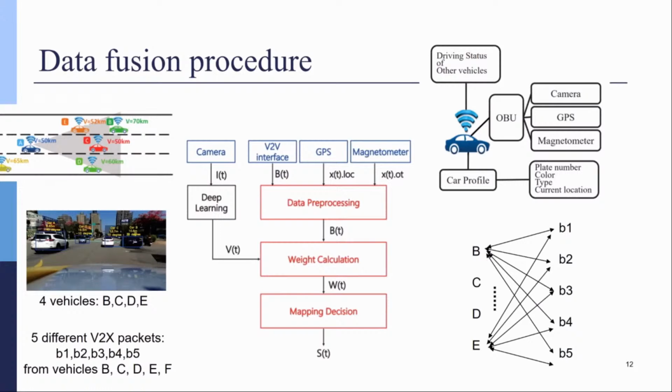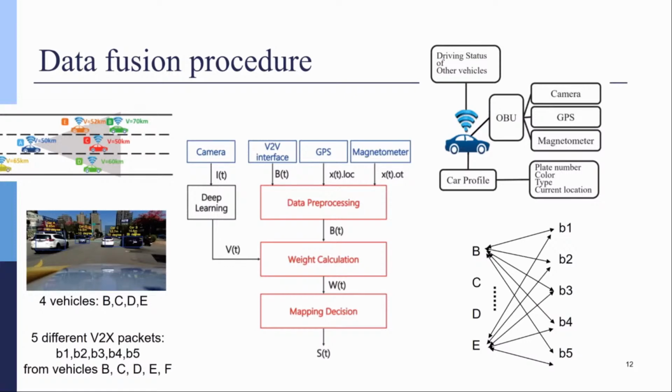Here is the detailed fusion procedure of our first method. We assume that each car is equipped with an OBU and a V2X communication interface. The onboard unit, OBU in short, is equipped with a camera, GPS, and magnetometer.